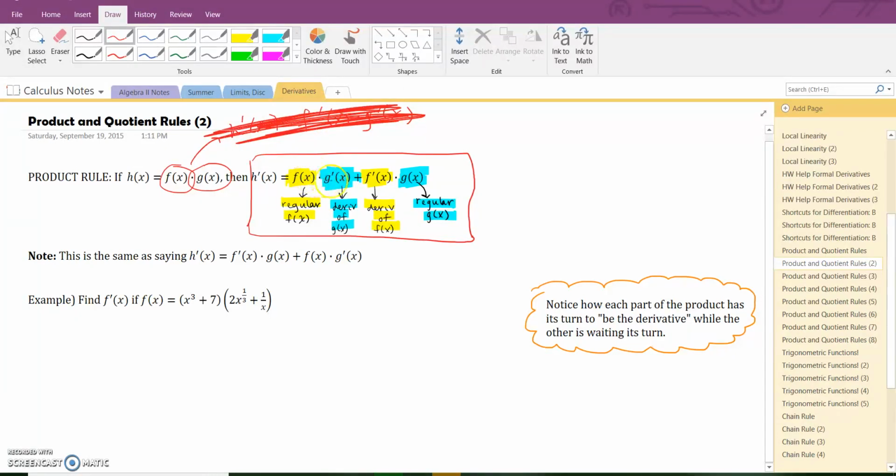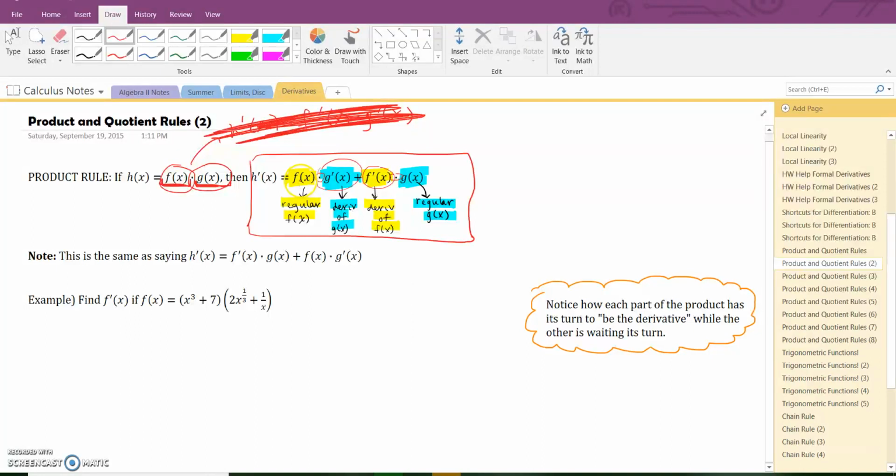You do f times g prime plus f prime times g, where these are derivatives, and these are just the regular functions. f is what I'm calling your first function, and g is what I'm calling the second function. You don't have to use f and g, but in most books they will be using that. Now because this is multiplication here, multiplication is commutative.